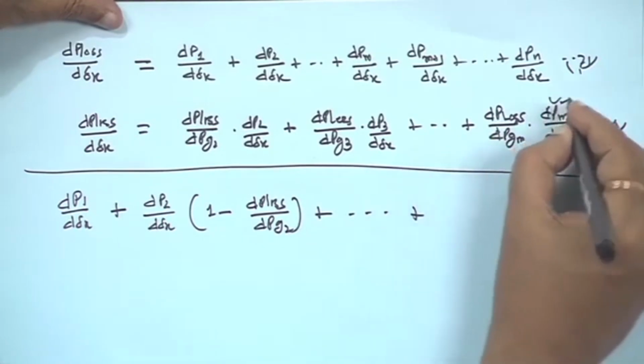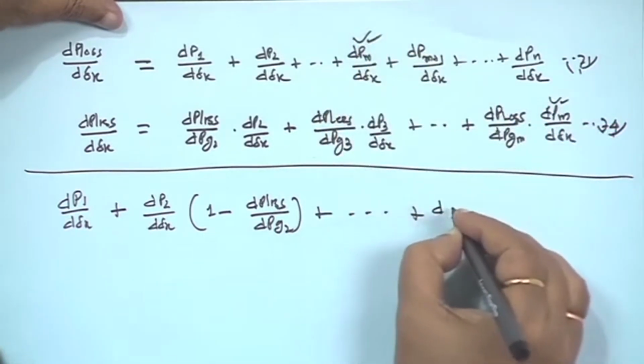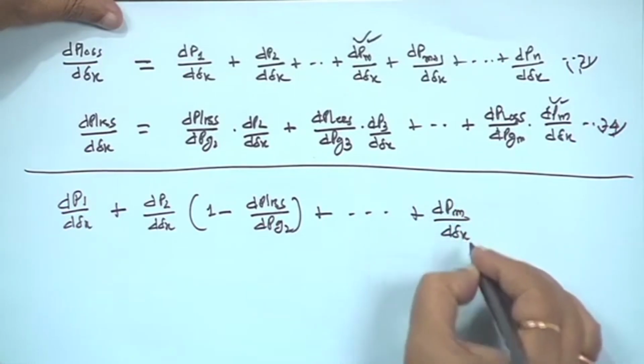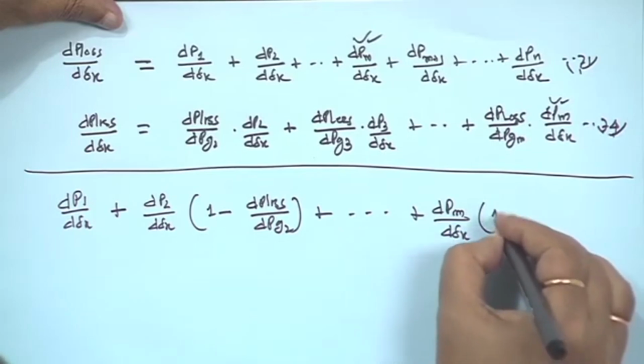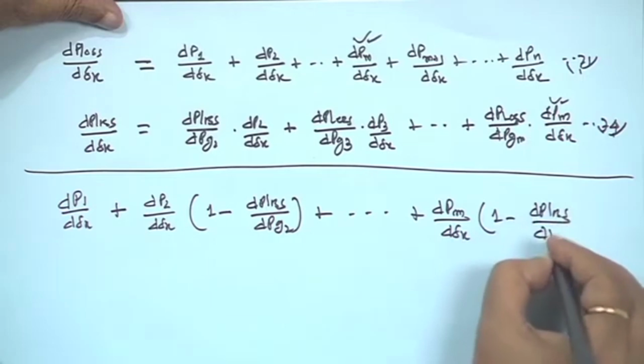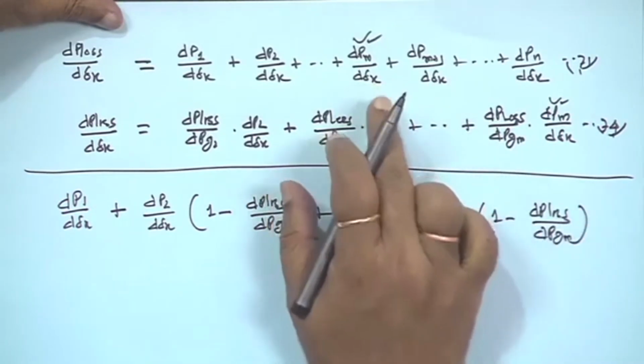So it will be ∂Pm/∂ΔK, in bracket 1 minus ∂P loss by ∂Pgm. So it is up to your mth term, right.